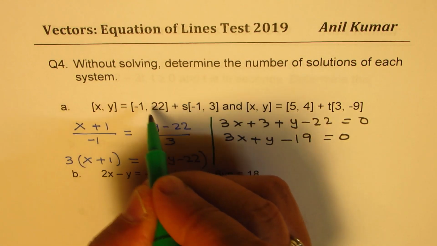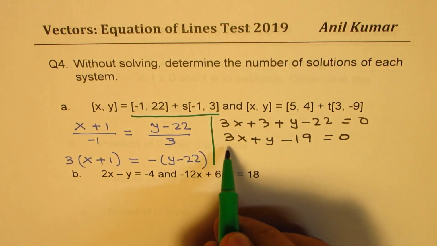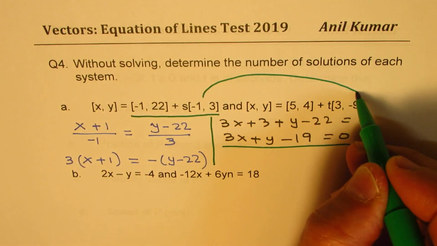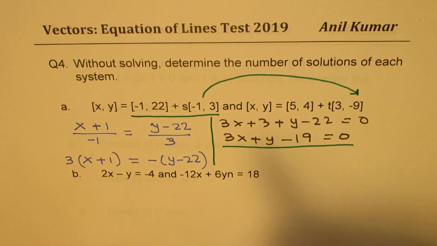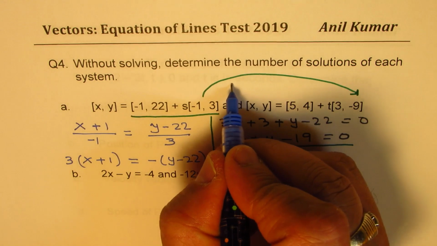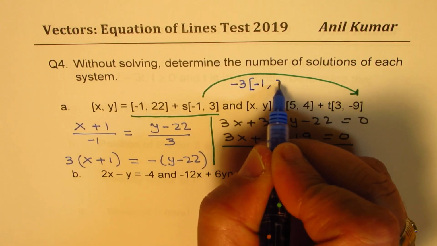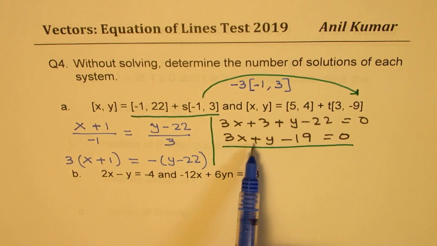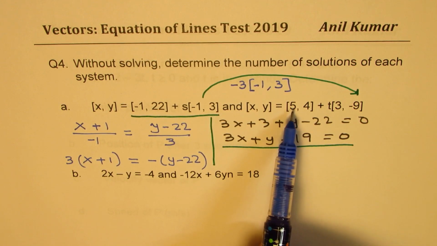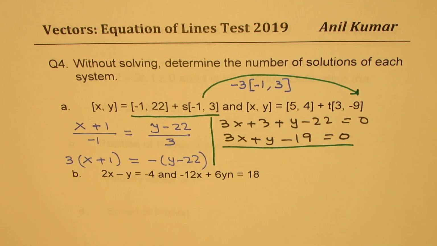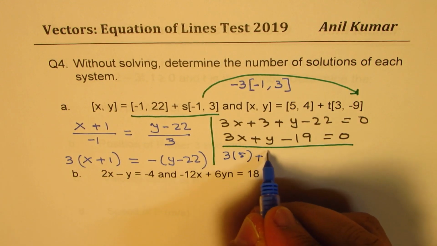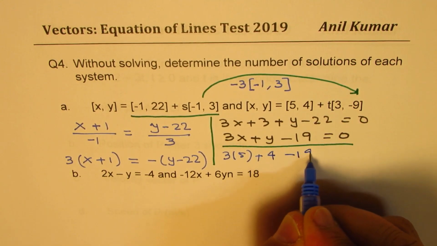So we say this line. Now since we know that the directions are the same, a scalar multiple, you can see it is -3 times (-1, 3). So we know they are parallel. Now we have to only check if (5, 4) is on this line or not, correct? So if I substitute (5, 4), what happens? 5 for x, so 3 times 5 plus 4 minus 19 equals 0.